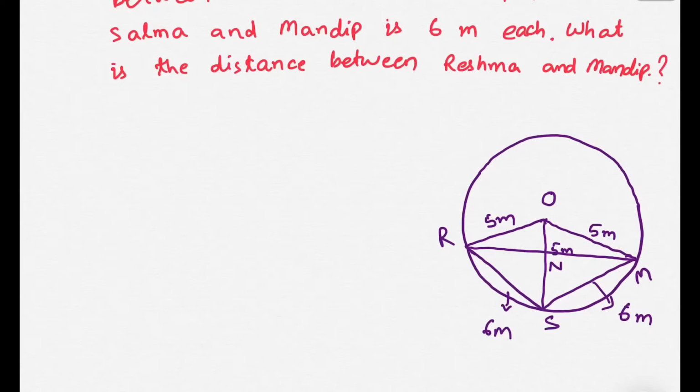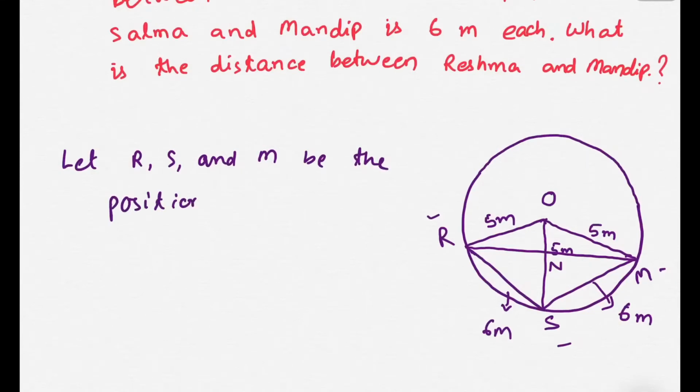You can see where I have taken the position of Resma, Salma and Mandeep as R, S and M. Let R, S and M be the position of Resma, Salma and Mandeep.